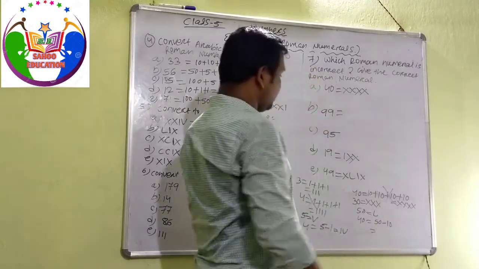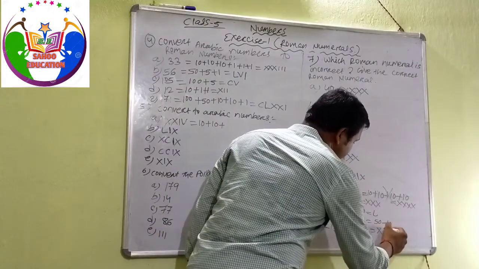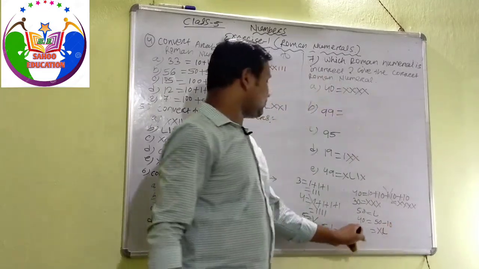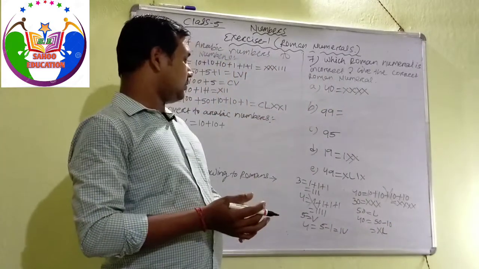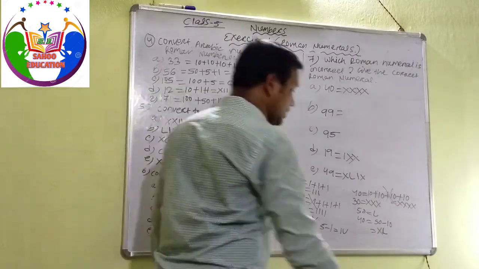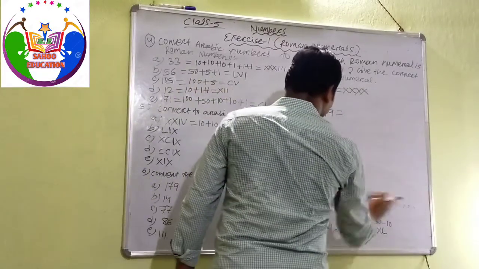So we minus 10, that's why X will be before 50, that is L. XL is for 40. Okay, so we have to remember these ideas and solve some questions.